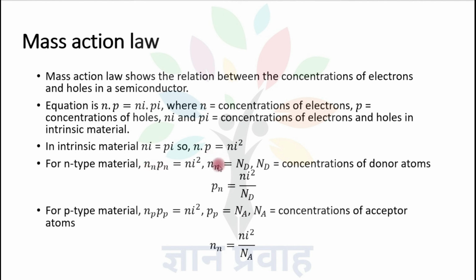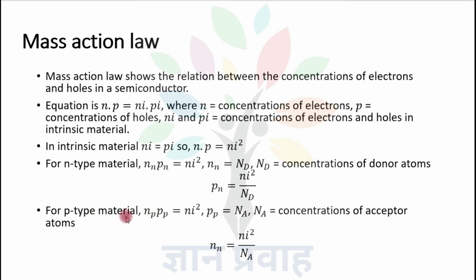Nd, capital Nd, shows the concentration of donor atoms, so Nn is just equal to Nd. It means the minority charge concentration, or hole concentration, in N-type material is Ni square divided by Nd.